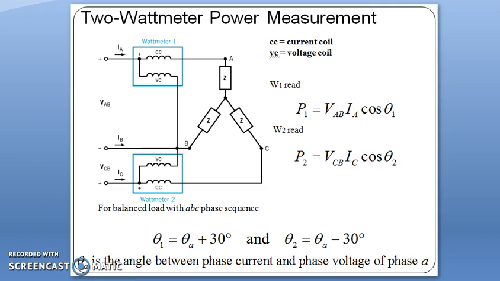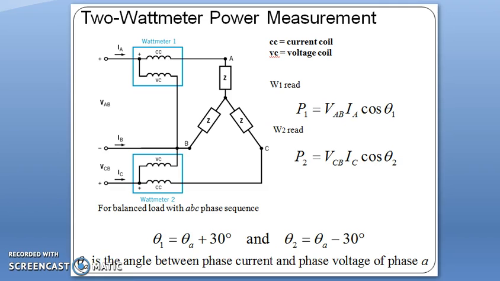P1, the reading of wattmeter 1, will be VAB multiplied with IA into cos theta 1, and the reading of wattmeter 2 will be P2 equals VCB multiplied with IC cos theta 2. Here theta 1 equals theta A plus 30 degrees and theta 2 equals theta A minus 30 degrees.